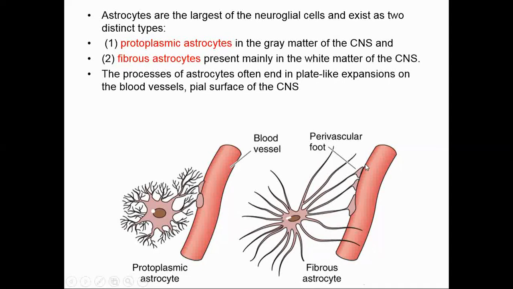Near the blood vessels, it forms some process which looks like a foot, called the foot process of the astrocytes, or it is also called the perivascular foot of astrocytes. They bind with the outer aspect of the blood vessels and contribute to the formation of the blood-brain barrier.